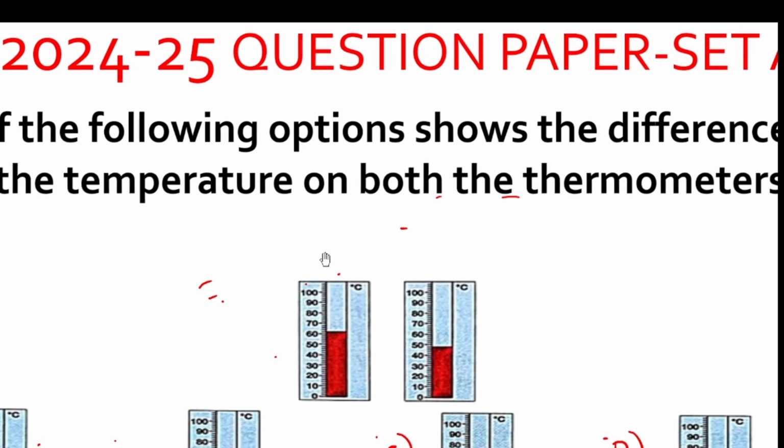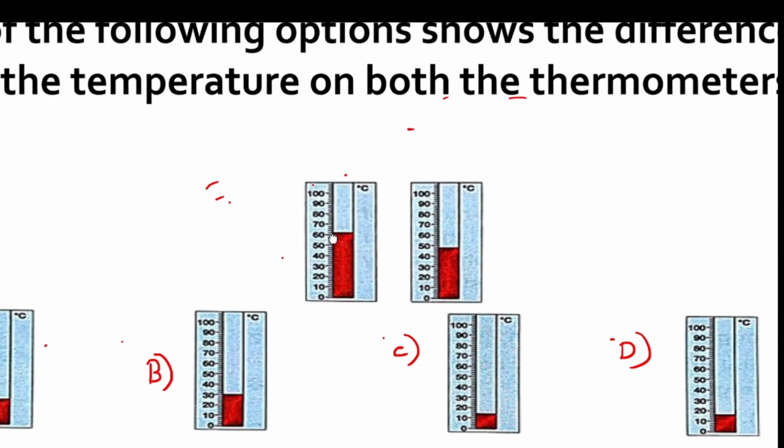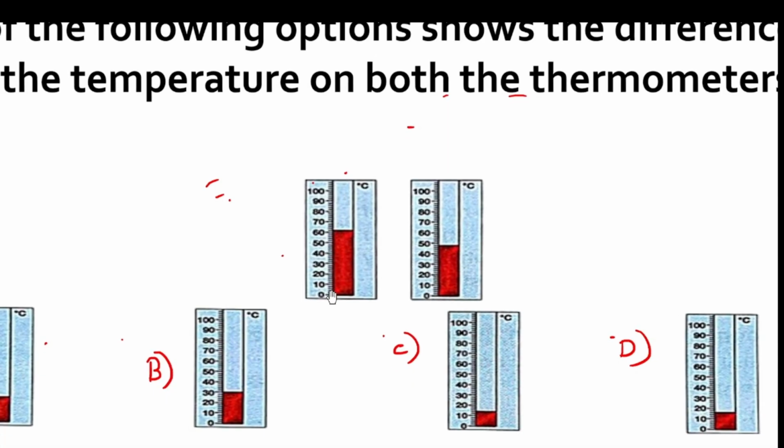So let's call this one P, whose temperature is 10, 20, 30, 40 and then 60. Therefore, the temperature is 62 degrees Celsius. Similarly, if we consider this thermometer as Q, we can find 0 to 10, 20, 30, 40 and 50.